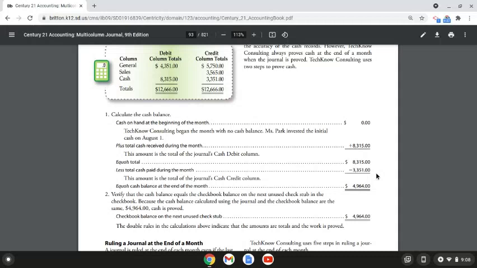That will give us the cash balance at the end of the month, which is also the same as the checkbook balance on the unused check stub. Since the two are the same, cash is proved.